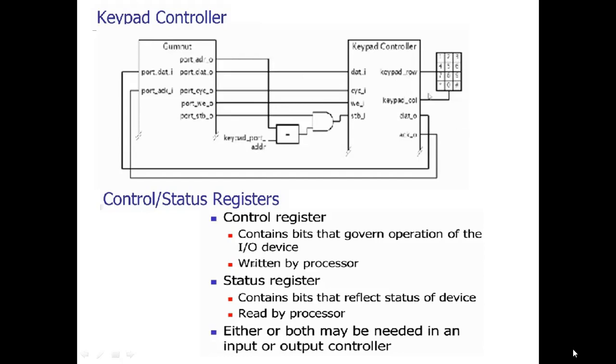So these status registers will be containing bits. These bits are responsible to reflect the status of the device, and it is read by the processor. In the diagram, the status register was acknowledgement high, right?